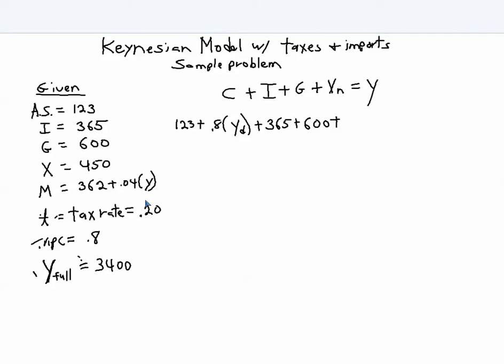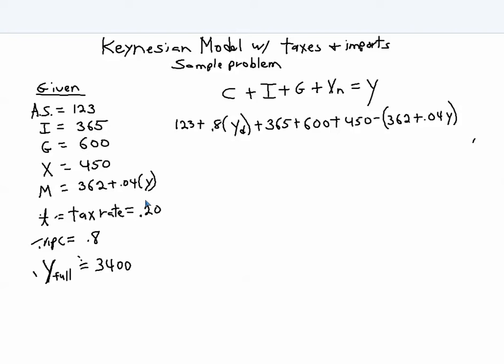So net exports is equal to exports minus imports. So that would be exports, which is 450, minus imports, which is 362 plus 0.04 times y. And that whole mess equals y.